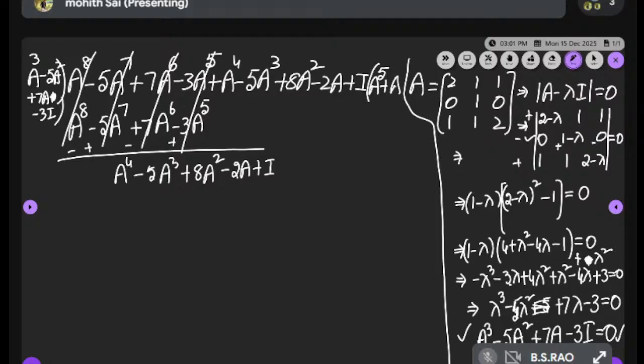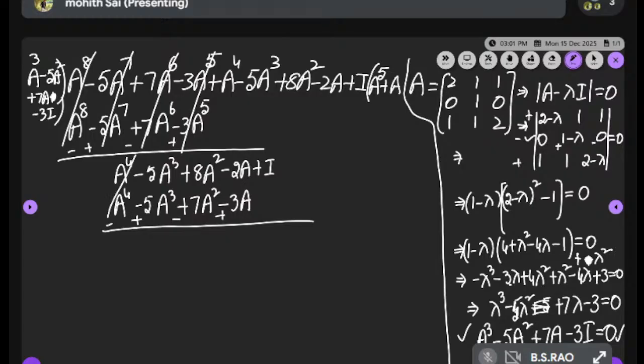Plus A power 4 minus 5A cube plus 7A square minus 3A. Again, minus plus minus plus. These two, these, and this is A square plus A plus I.